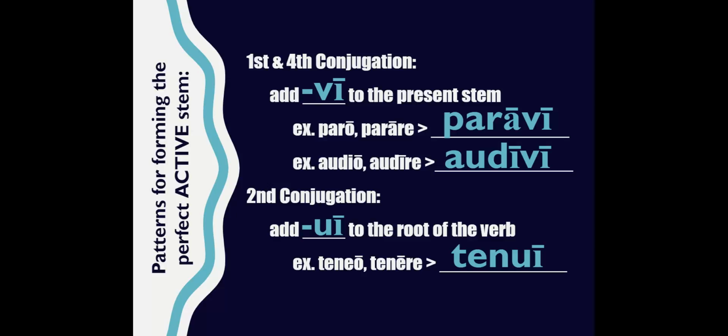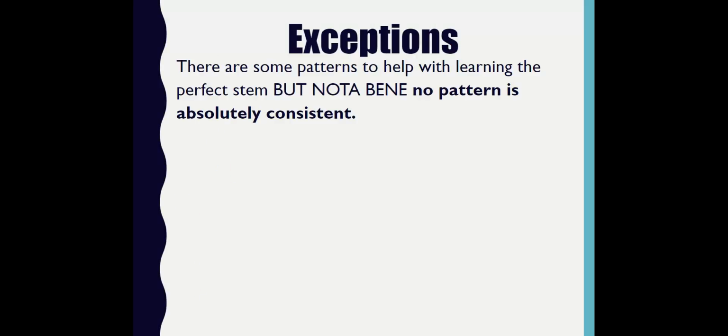Unfortunately, because Latin is like any other language and pretty much any other thing, there are exceptions. There are some patterns to help with learning the perfect stem, but nota bene, no pattern is absolutely consistent. This is why it's important for you to know the forms, the principal parts of your verbs.